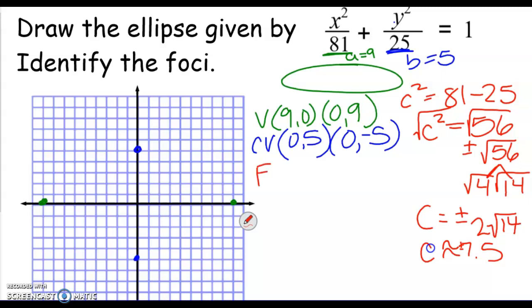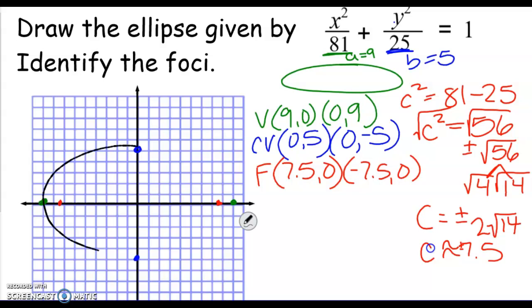Well, since it's wider, my foci are wide, so 7.5-ish, 0, and negative 7.5-ish, 0. So 7.5 is about here and about here. And then I just go and do the best I can to draw a nice little ellipse.